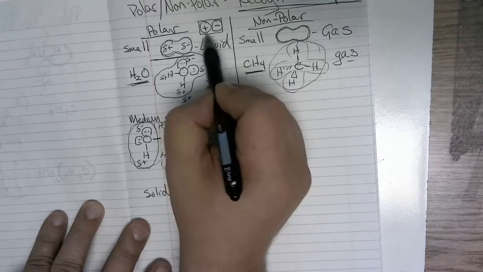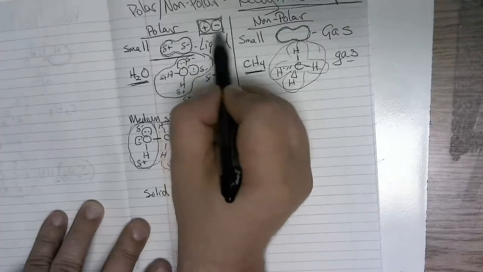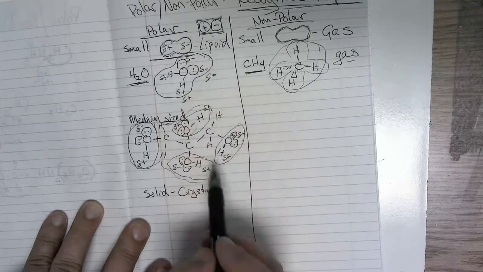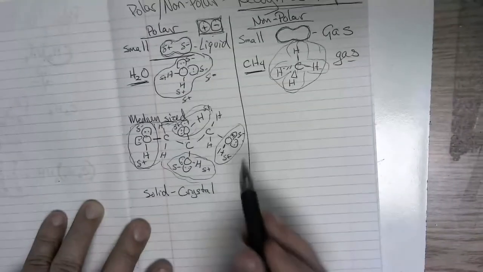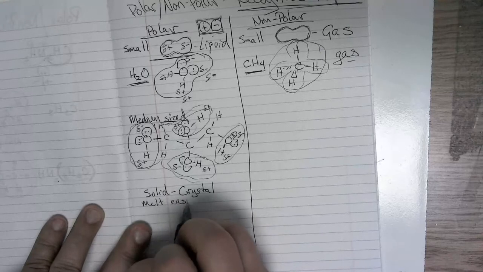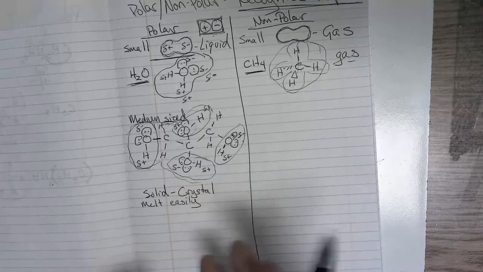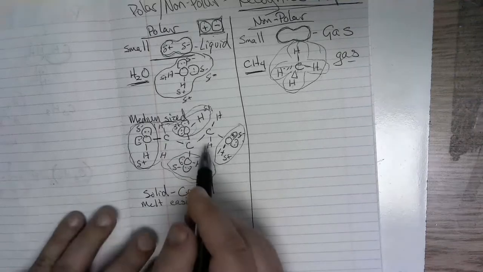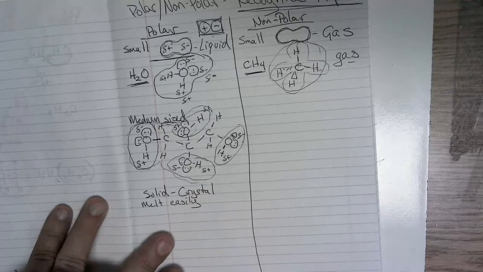It's not like our ionic plus stuck to negative. These guys lock together in a strong crystal. These guys are kind of locking together, but they melt easily. They'll go back to a liquid with a little energy added. It's not as strong a crystal as when it's ionic.